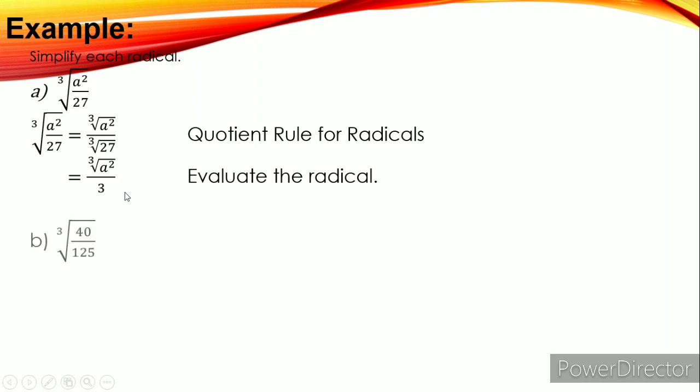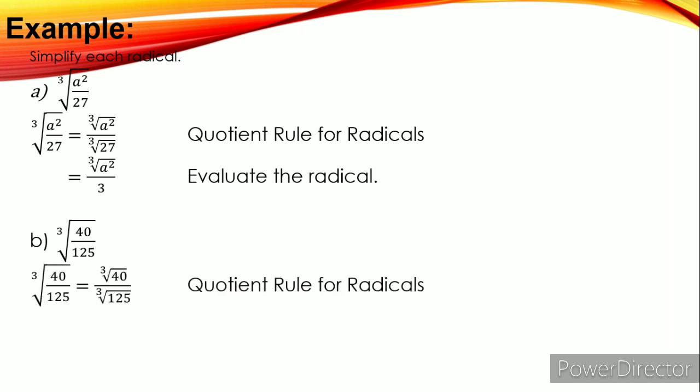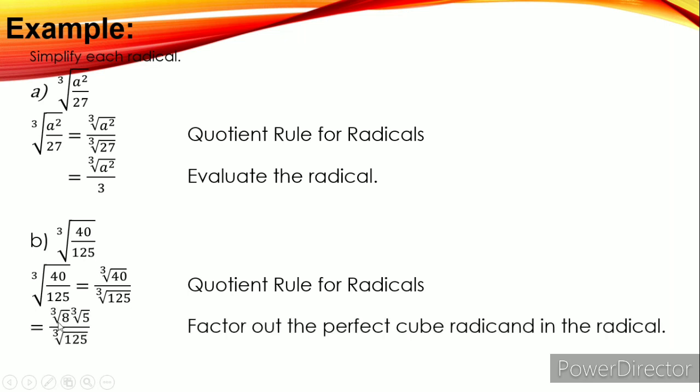Let's have letter B example. Cube root of 40 divided by 125 can be written, by the quotient rule for radicals, as cube root of 40 divided by cube root of 125. Then, factor out the perfect cube radicand in the radicals. The answer is cube root of 8 times cube root of 5 divided by cube root of 125.